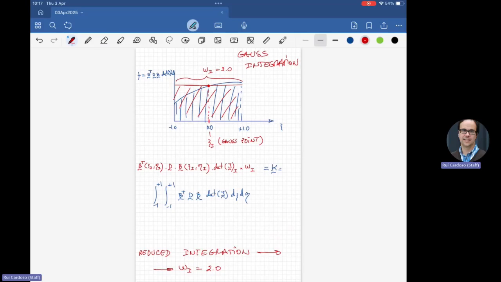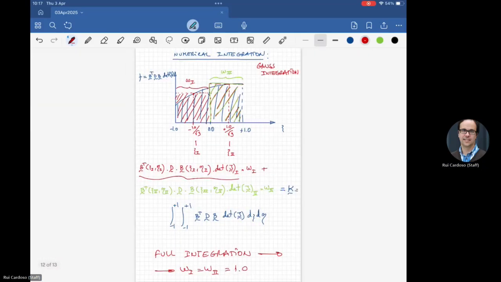Now you can understand better why, for example, when you go to FEA, the strains, the stresses, everything is calculated at the Gauss points. Why? Because we need to do always these integrals for the stiffness and internal forces.